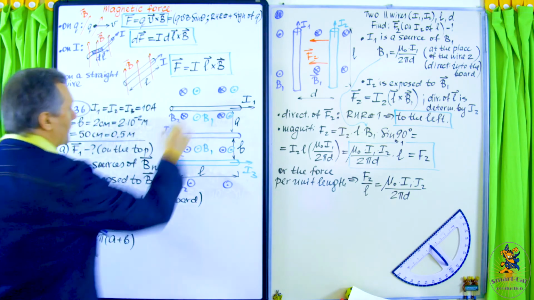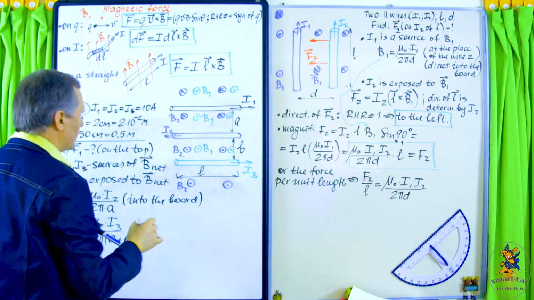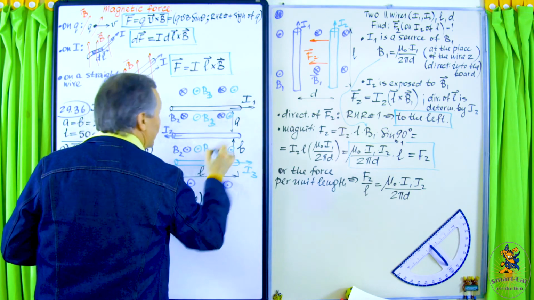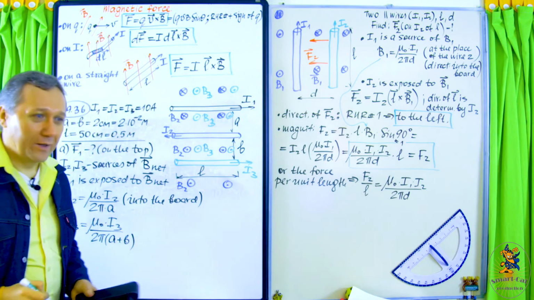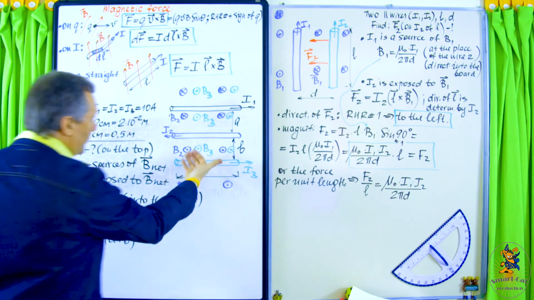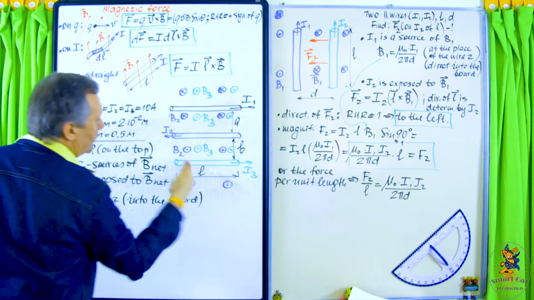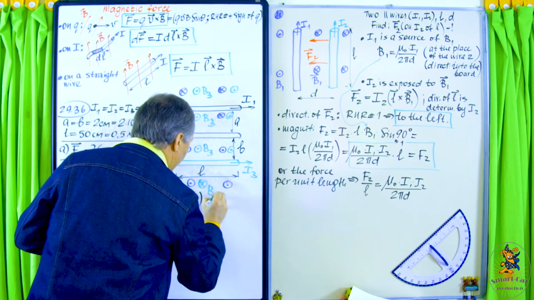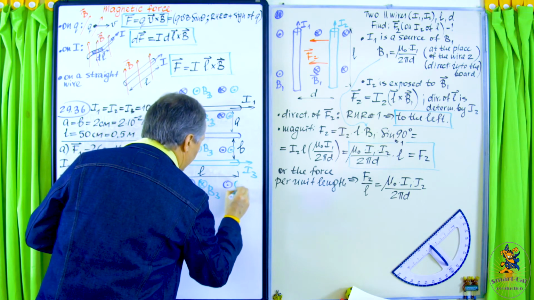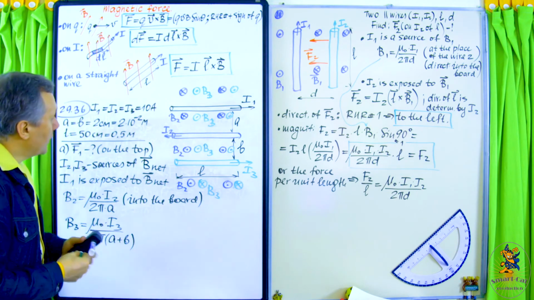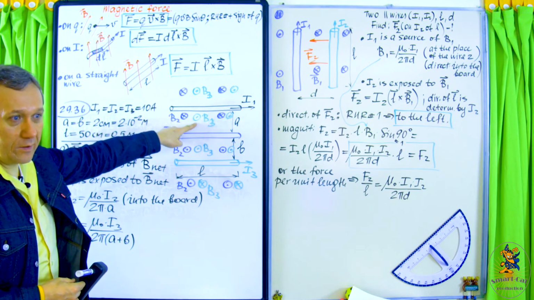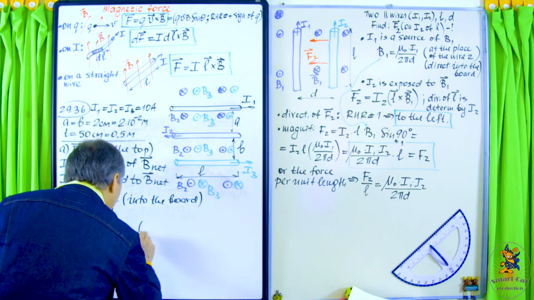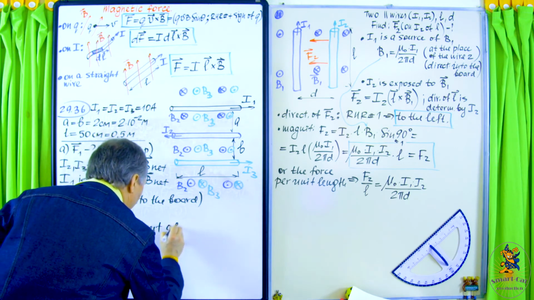No, B3. Why B1? Force of habit, still using the same. But below, it will be into the board, so cross. So that's B3. And here I can draw also cross. And out of the board.